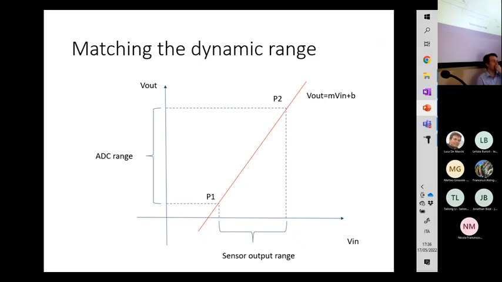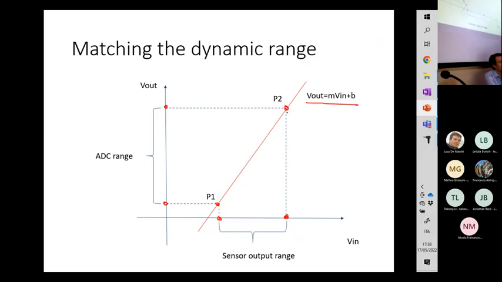So when we want to perform this matching, what we in practice have to implement is a new circuit with an input-output characteristic which is linear and is conceived so that the smallest sensor output value and the largest sensor output value determine, together with the limit of the ADC range, 2 points, P1 and P2, and we must conceive the input-output relationship of the matching circuit so that it is a straight line passing through P1 and P2.